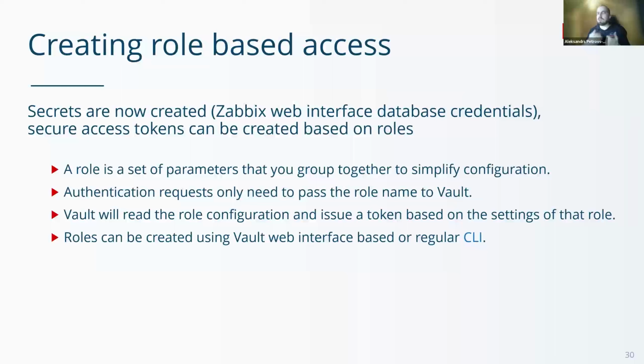And when someone will authenticate using their own token, they will just pass the role to the vault, and vault immediately will see and know what kind of access do they have. Similar approaches with the configuration itself. But the roles can be created, at least at the moment, only using CLI, right? So there's no way to do that from the web interface itself.